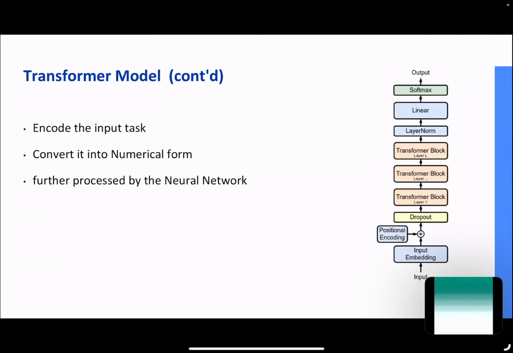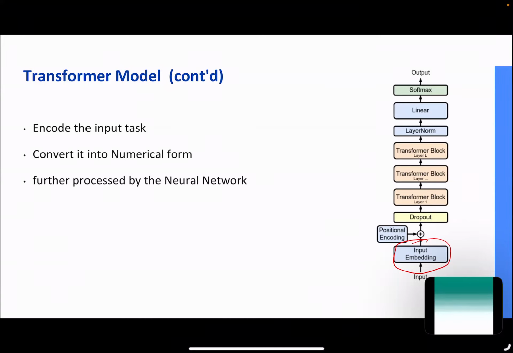As you can see here, the transformer model is basically a neural network model. The first step is to perform input embedding. Embedding is defining relationships between words.